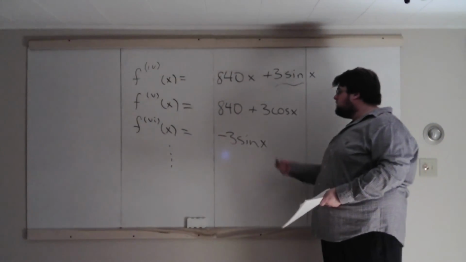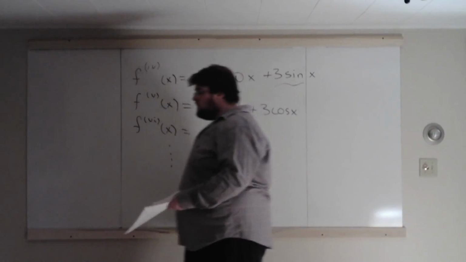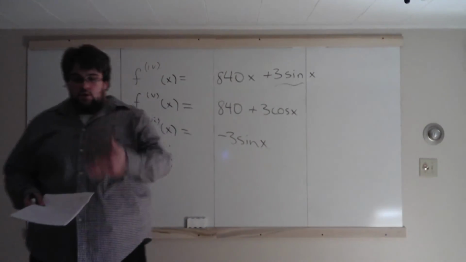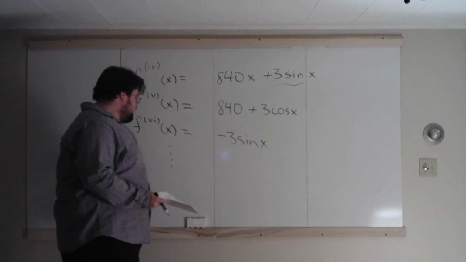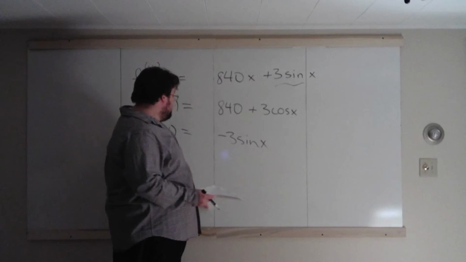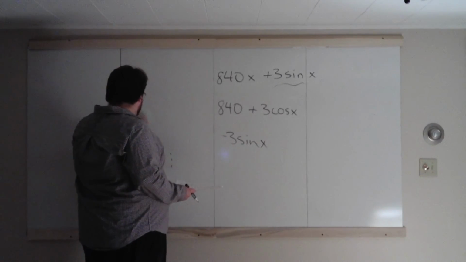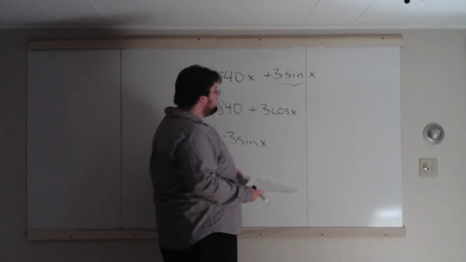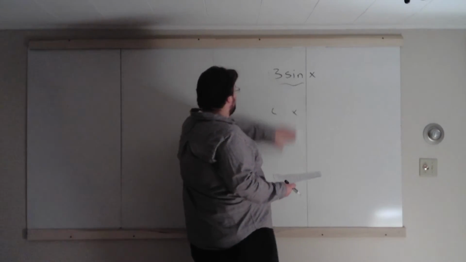In the third derivative you had negative 3 sine x, and in the sixth derivative you had negative 3 sine x. So you can see that these trig function derivatives kind of cycle around. That's a very important thing in certain branches of higher level math. We won't really use that in Calc 1 very much, but it is a good observation to make.